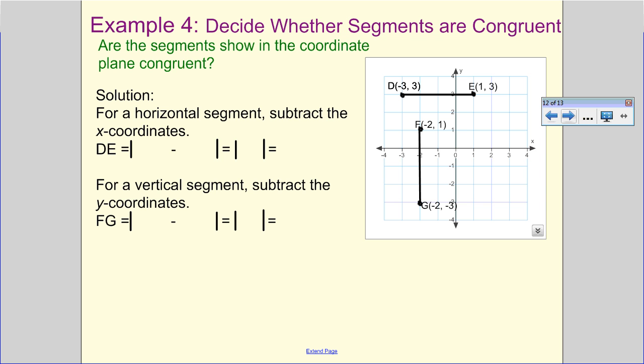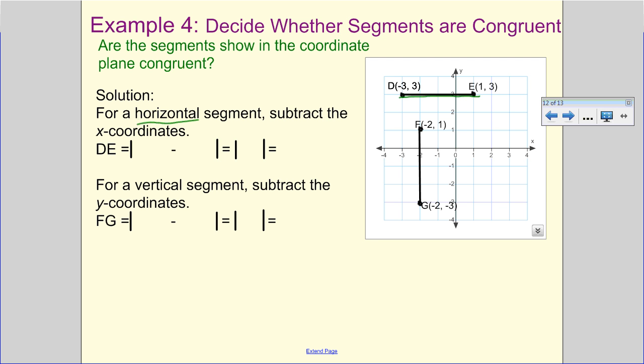So when we take a look at example 4, deciding whether segments are congruent, we go back to the definition of congruent segments. They have the same length. For a horizontal segment, going across, we're going to subtract the x coordinates.